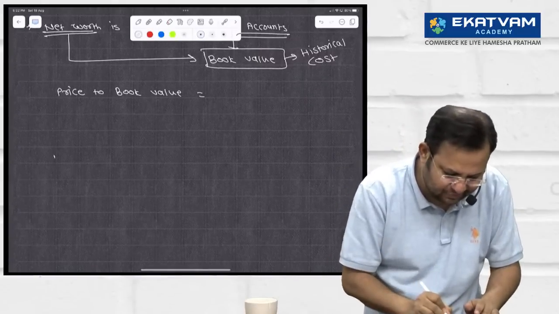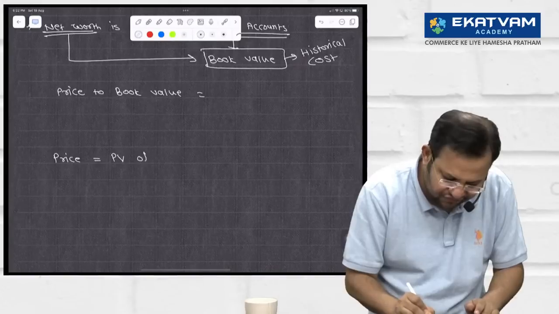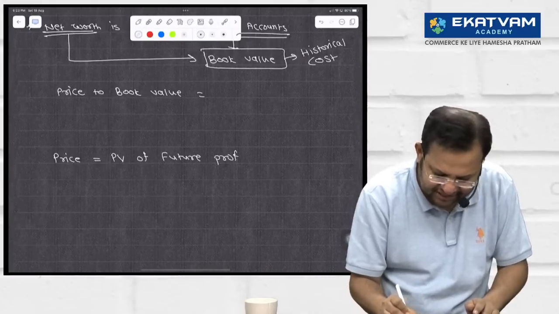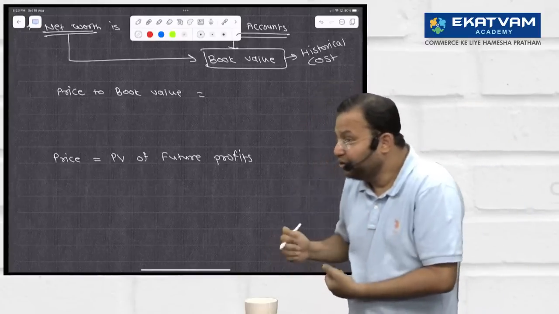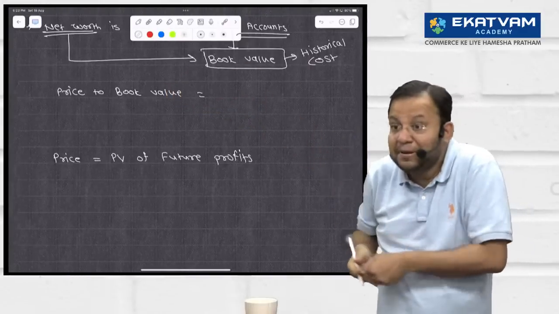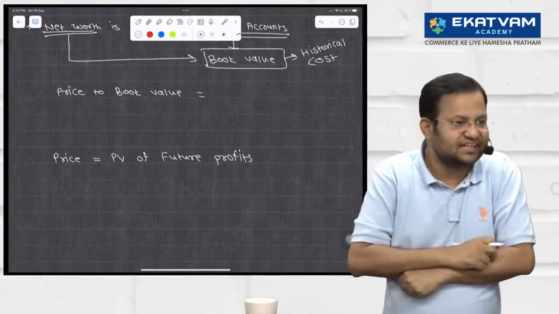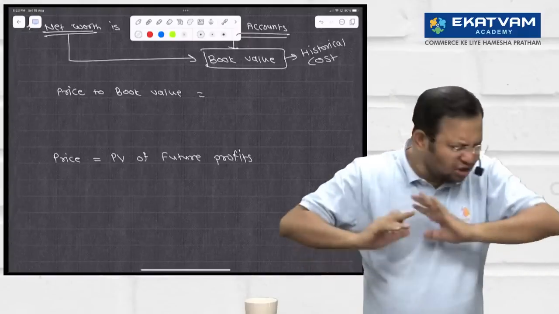Price is basically what? The present value of future profits, in very simple language. It is not profits, we take cash flows, but for now this is enough to understand. You are going to get profits in future, but you are paying for them today, so you should find the present value. In maths you learned discounting. We have to do that discounting many times in accounts.